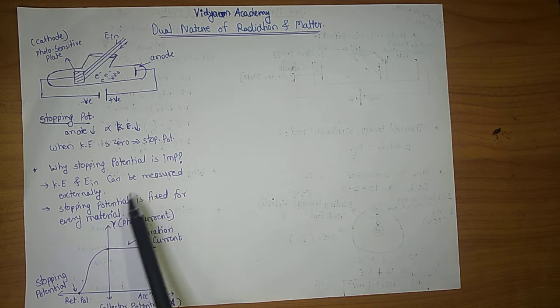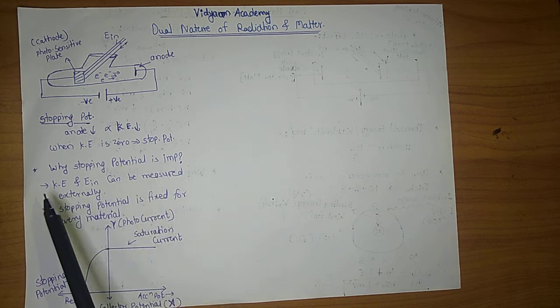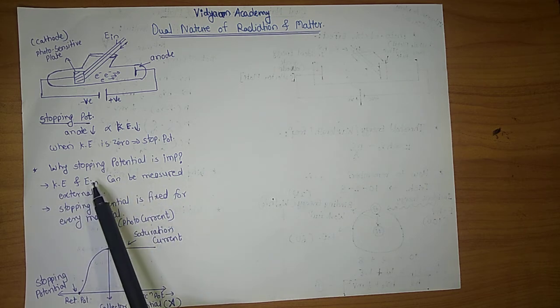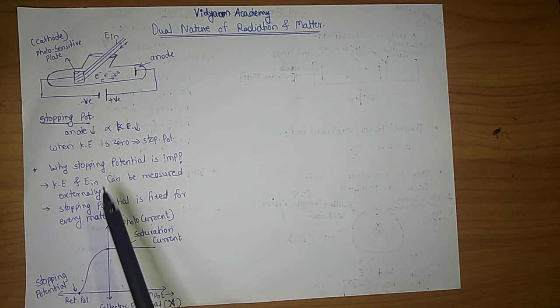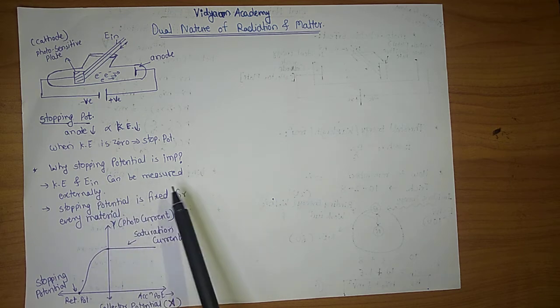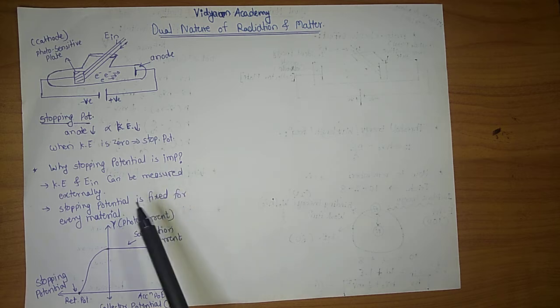So that means stopping potential is characteristic. So by knowing the kinetic energy or incident energy, we can find out the stopping potential, and that stopping potential is fixed for a material. So that means we can identify what material it is.